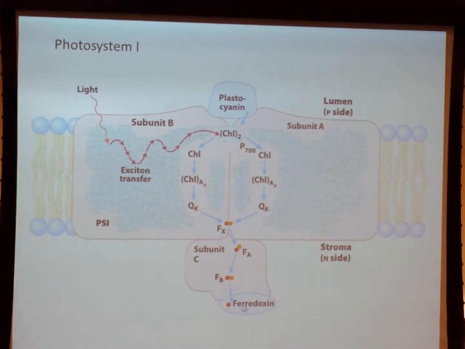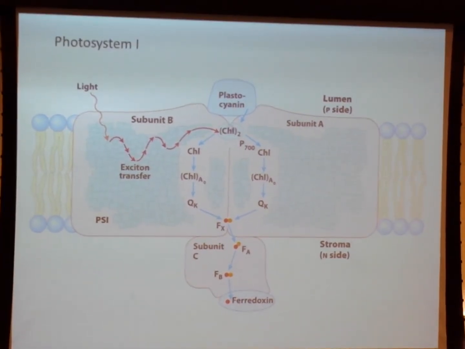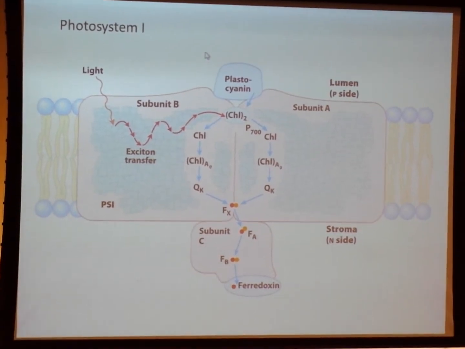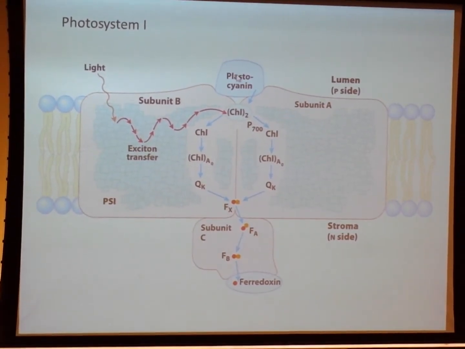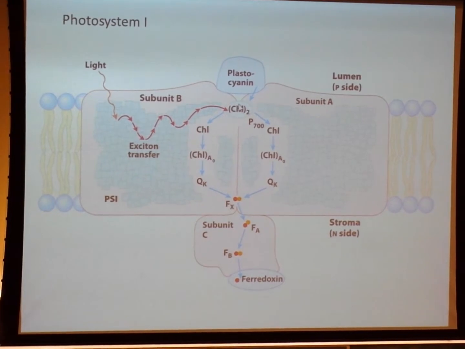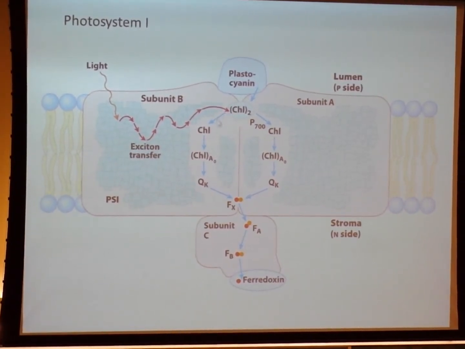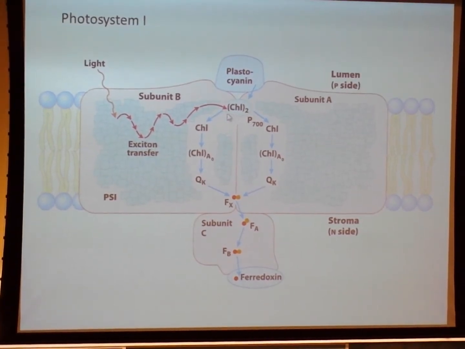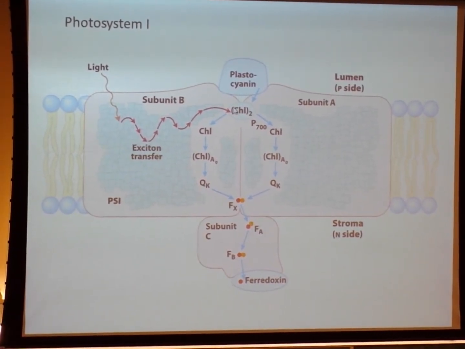Ferredoxin is not part of photosystem 1, nor is plastocyanin. Plastocyanin has just come over, carrying 1 electron, and now when it comes to this part here, the electron can go down either side. So photosystem 1 is symmetrical.